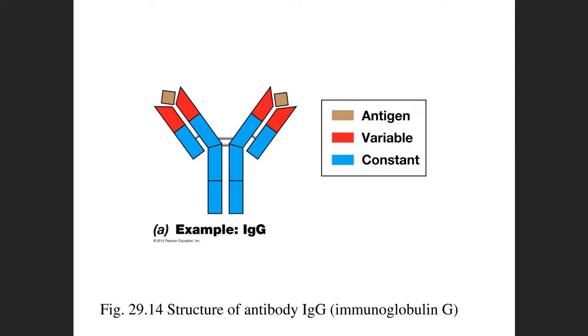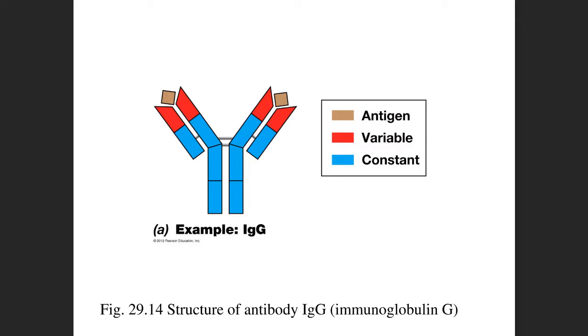So IgG has 4 chains, 2 long chains and 2 short chains, and they are linked together by peptide bonds. And each chain has a constant region and variable region.